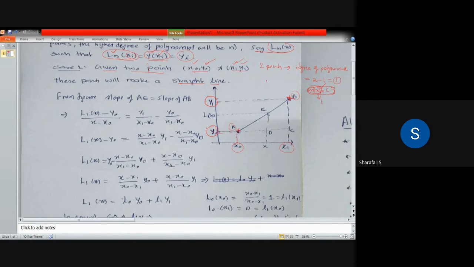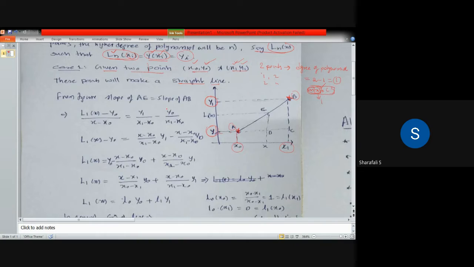So let us consider, let's say, 1 and 2 are given for x, and 2, 4 are for y. So x0 is 1 and y0 is 2, and then we have x1, which is equal to 2, and y1, which is equal to 4, something like that.